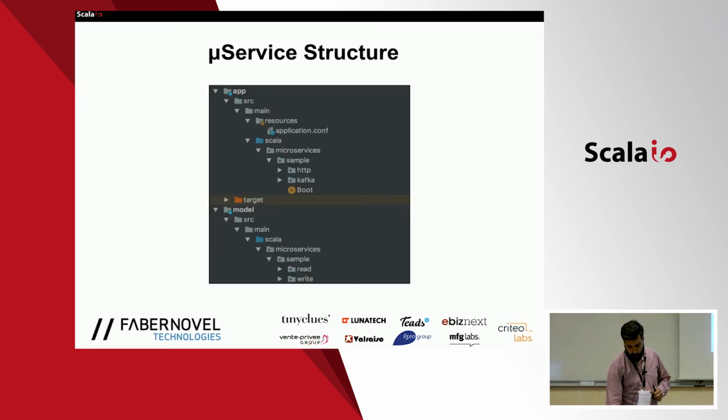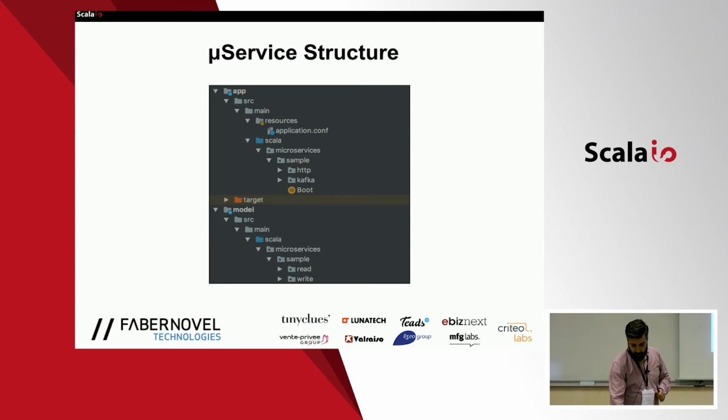Well, sorry. So finally, the structure of the application we just built is this one. We have two different modules, the application module on one hand and the model module on the other hand. So we can have different jar files and have the model jar file as a dependency for a different microservice which is going to be consuming or interacting with that microservice.